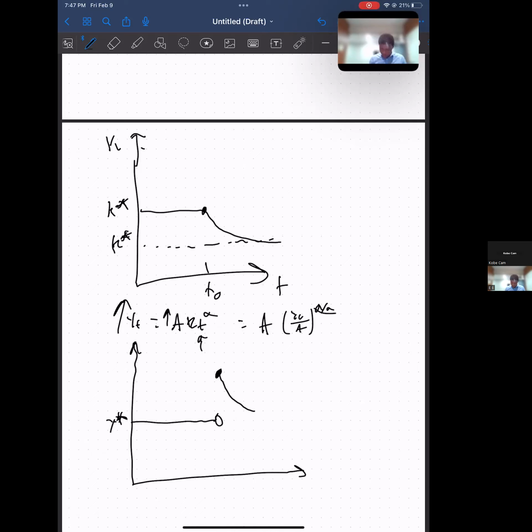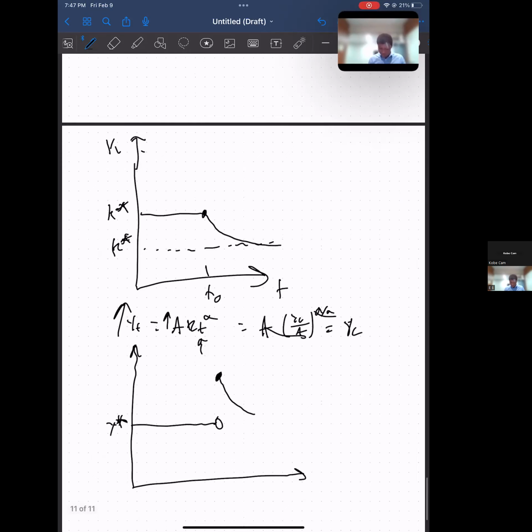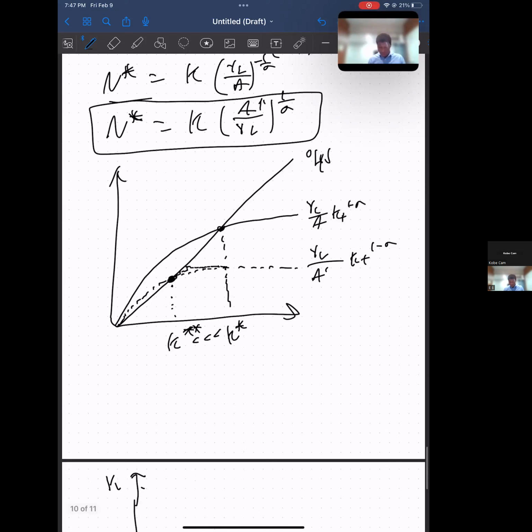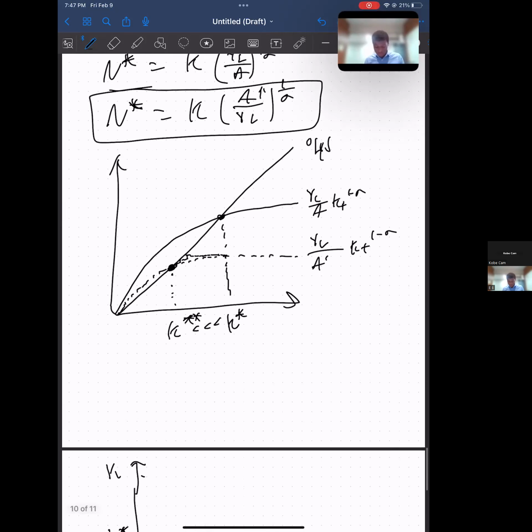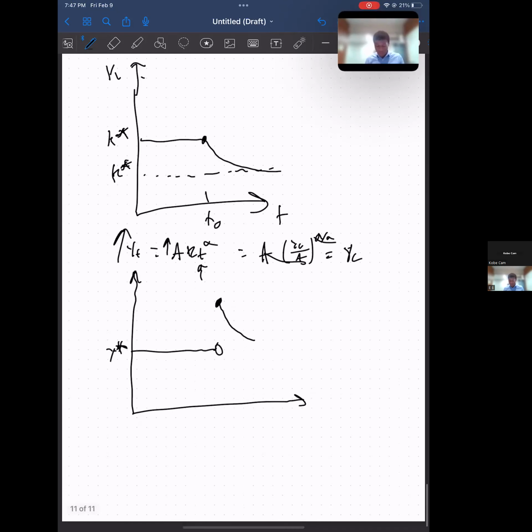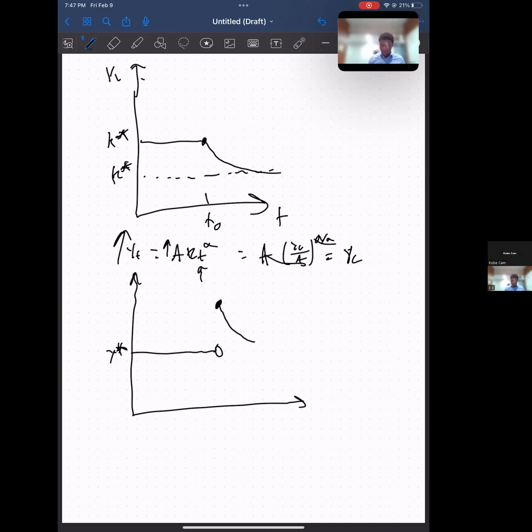So these cancel out, that gives me 1. These cancel, YL. And notice, by the way, right? The steady state for output doesn't actually depend on technology. That's a very important point.